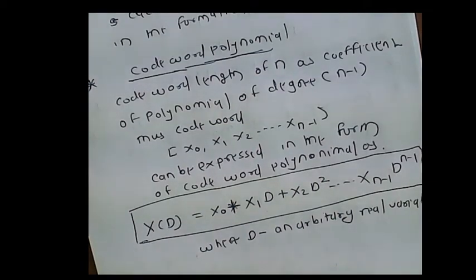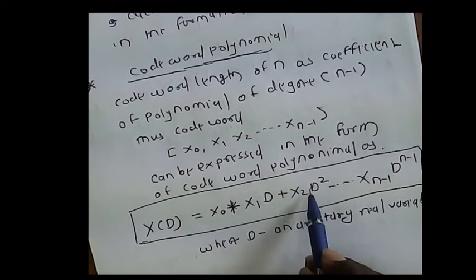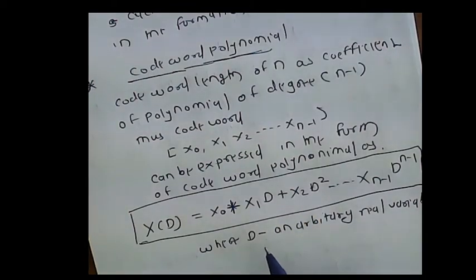Each power of d in the polynomial represents a 1 bit cyclic shift in time. So these powers represent the cyclic shift. Thus the multiplication of the polynomial X(d) by d is equivalent to a cyclic shift or rotation to the right, provided that d raised to n is equal to 1.